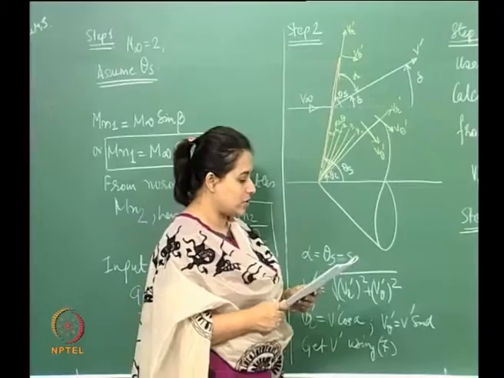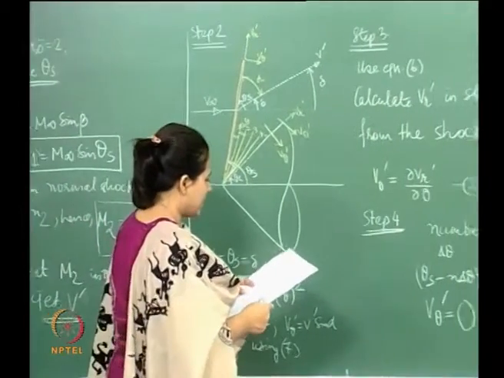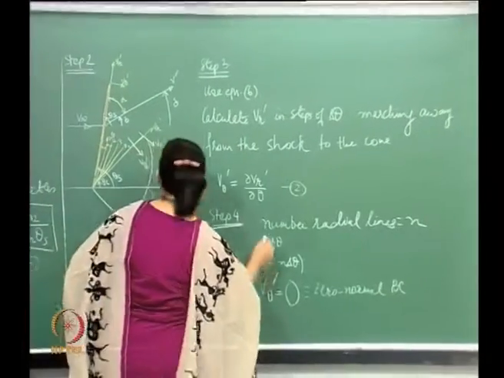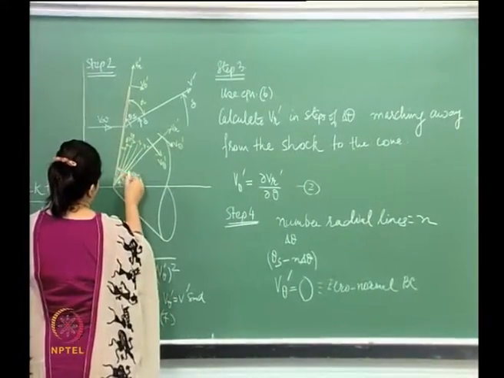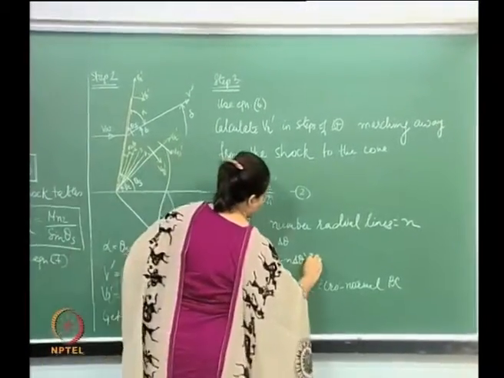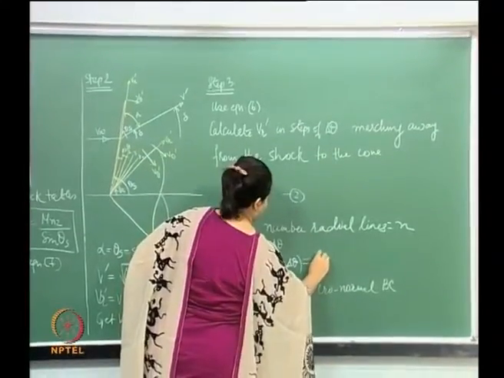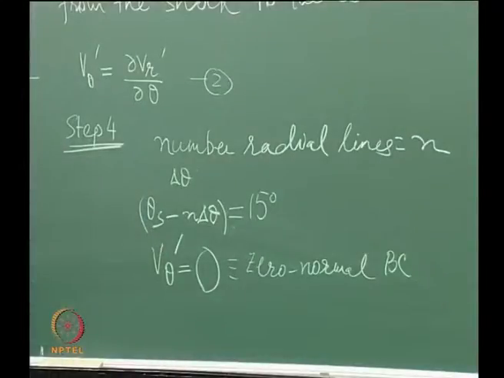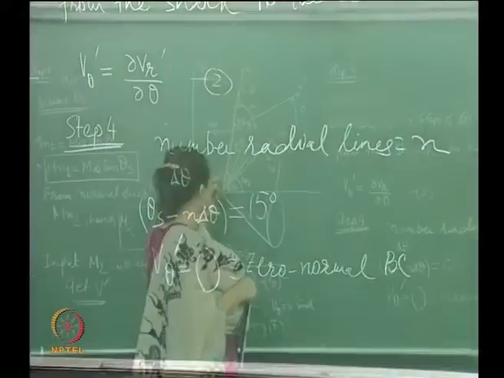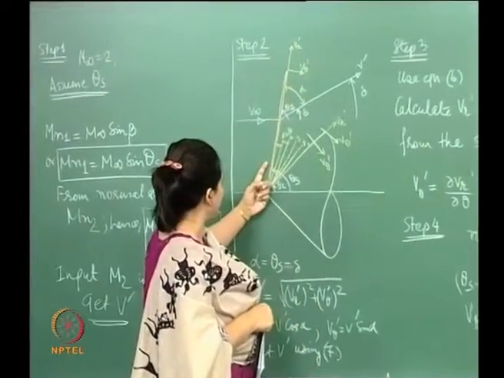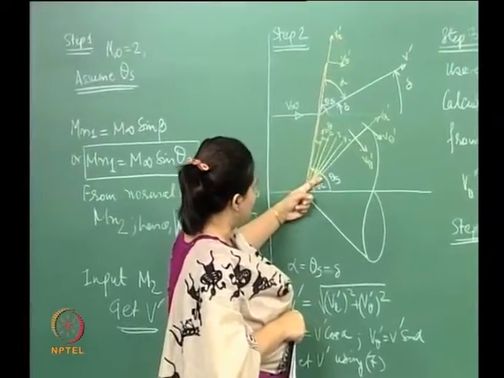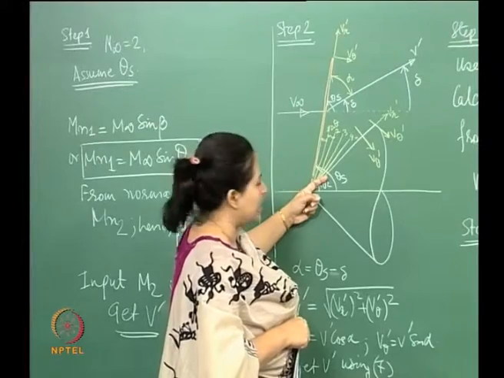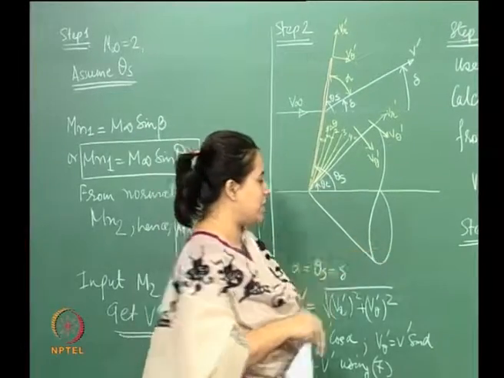Now in here, this theta s minus n delta theta should also be equal to 15 degrees in our particular case, because this is theta c. We have done theta s minus n delta theta, and that is now equal to theta c, is it not?